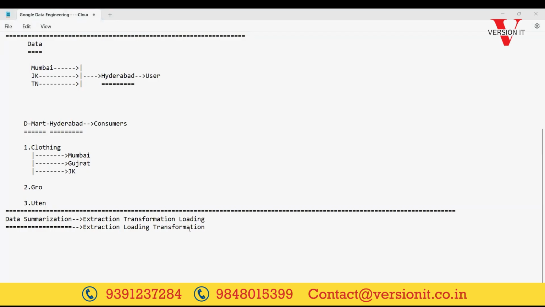So extraction, transformation, loading, or extraction, loading, then transformation.